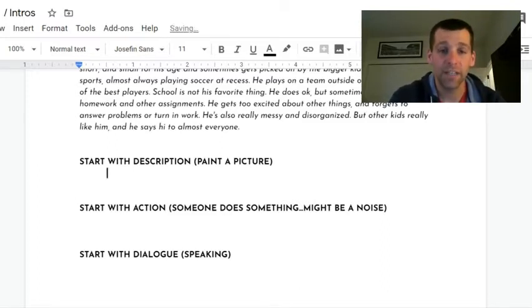Again, I'm going to start with my indent, and then in here, I'm going to start with the description. And here, I'm imagining in the beginning, it's probably happening at school, starting on the recess field, because I'm going to transition that back into the next scene where he's in the classroom.